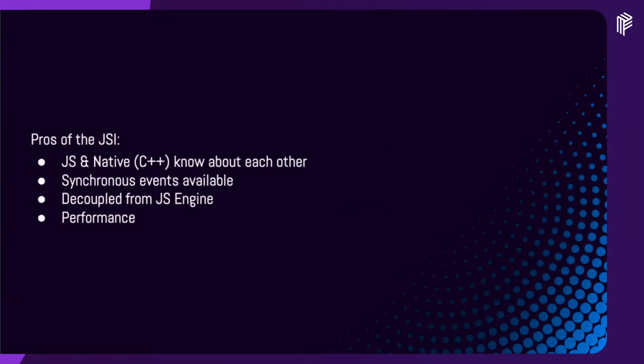What this means is because we're no longer sending a message across the bridge, we now have synchronous events. You can just call a function exactly as you would if it was JavaScript, kind of in the same thread. I've discussed that it's decoupled from the JS engine because everything's going through the JSI, so it should be able to switch out the actual engine that you're using.